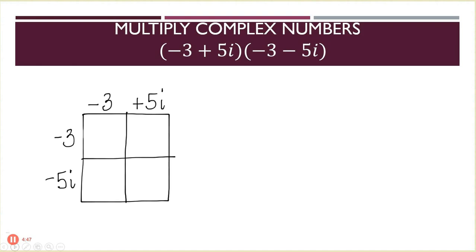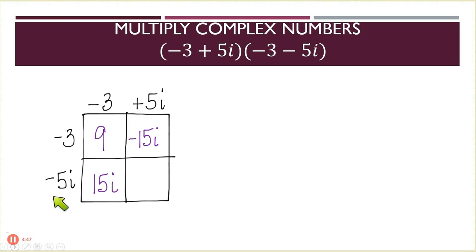We're ready to multiply. So first we're going to take the negative 3 times negative 3, which gives us a positive 9. Negative 3 times positive 5i would be negative 15i. Negative 3 times negative 5i is a positive 15i.